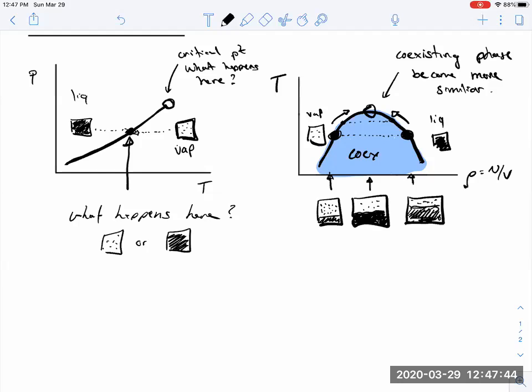Yeah, the surface tension goes to zero as we get close to the critical point. Gamma, which we've used to denote the surface tension, is going to go to zero exactly at the critical point.